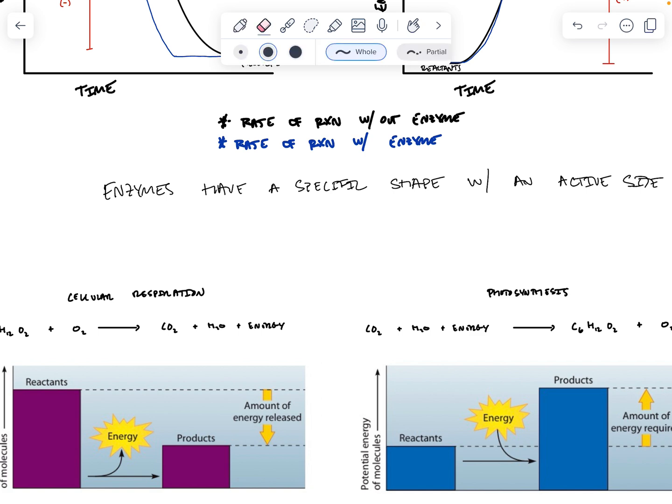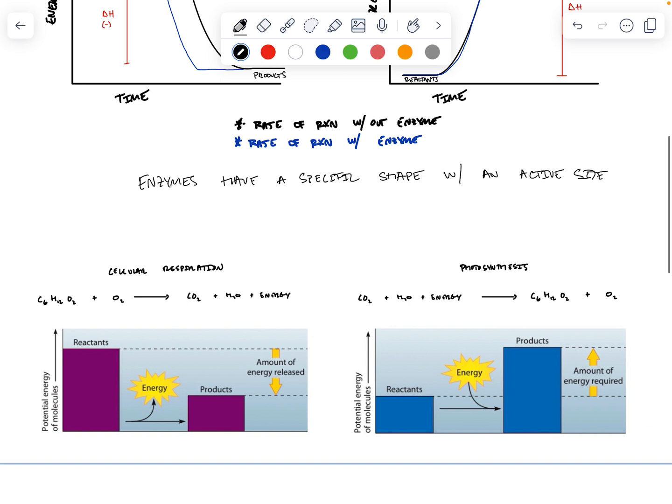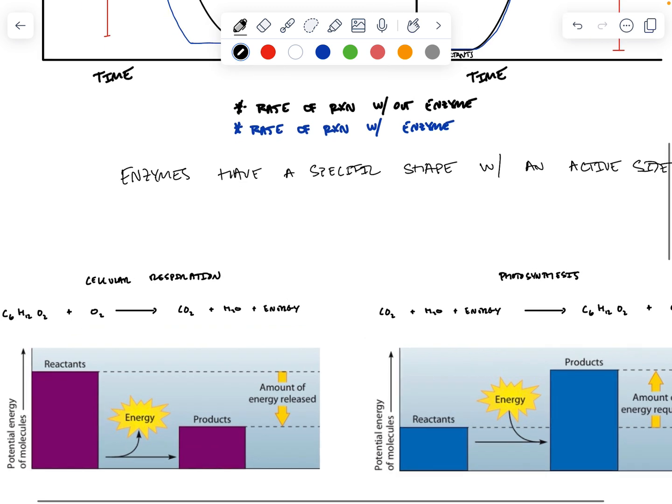And the way that they catalyze their reactions is by placing their substrates, the reactants, in very specific positions.